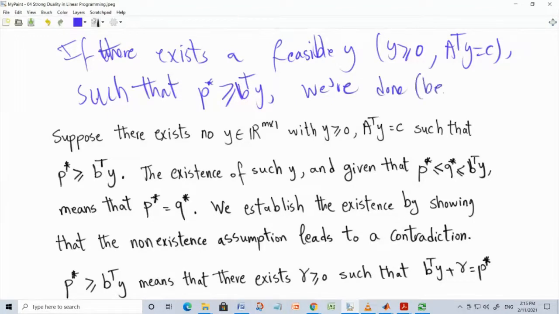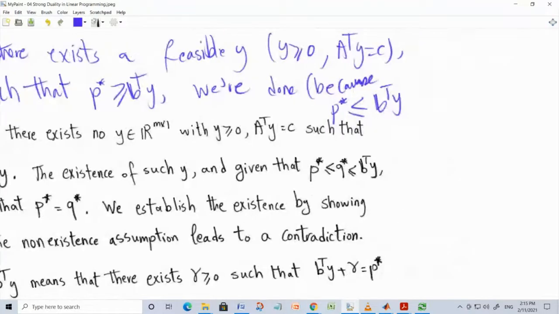Right? Because P star is less than or equal to B transpose Y for every feasible one.